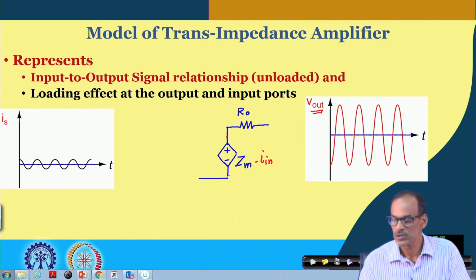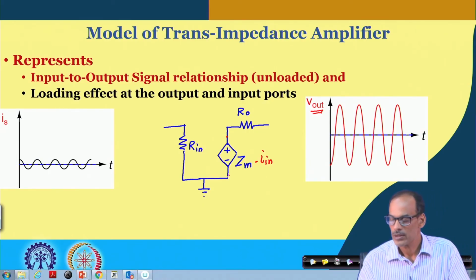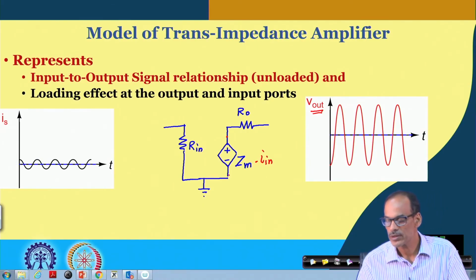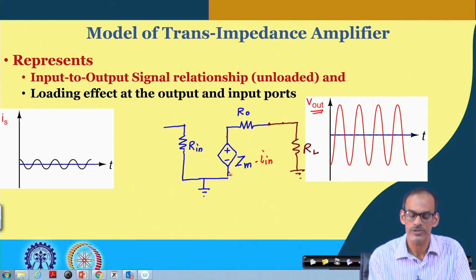So, I in times Z m produces a voltage here which is referred to as the unloaded internal voltage, and at the input again, to take care of the loading effect, we have a finite resistance called R in. And in case we are connecting, say, a load at the output, say R L, the voltage here will be a reduced version of this voltage.